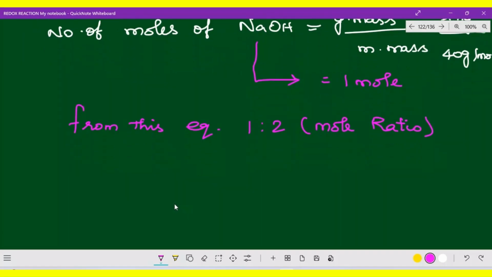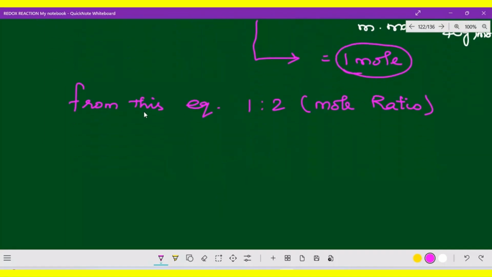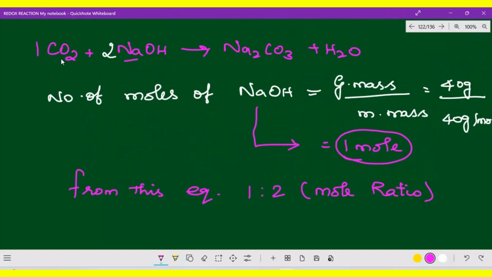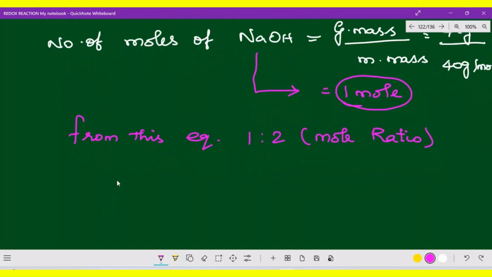Therefore here 1 mole of sodium hydroxide reacts with 0.5 mole of carbon dioxide. From the equation, 1 mole of carbon dioxide reacts with 2 moles of sodium hydroxide, but while calculating we are taking 1 mole of sodium hydroxide. So 1 mole of sodium hydroxide reacts with 0.5 mole of carbon dioxide.